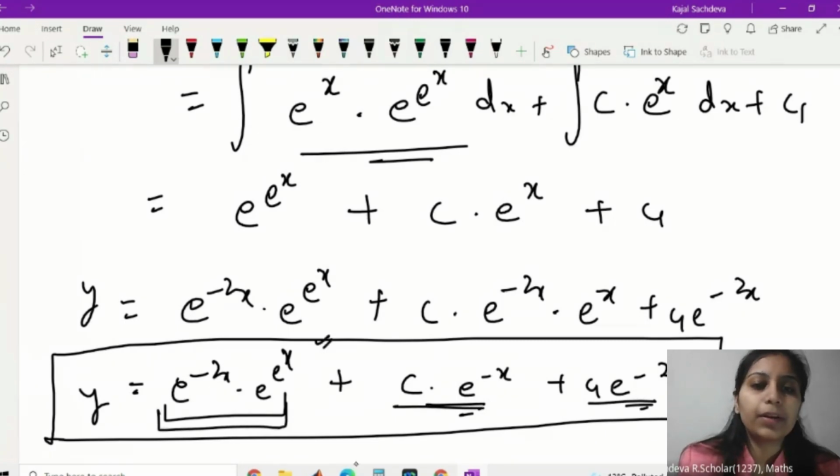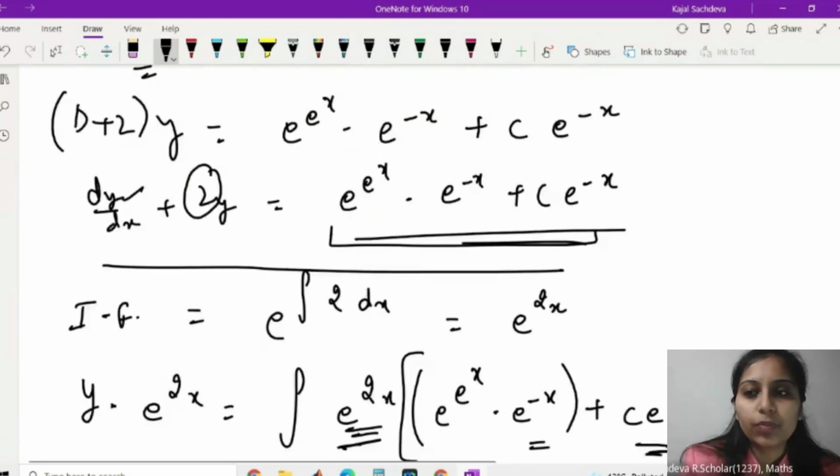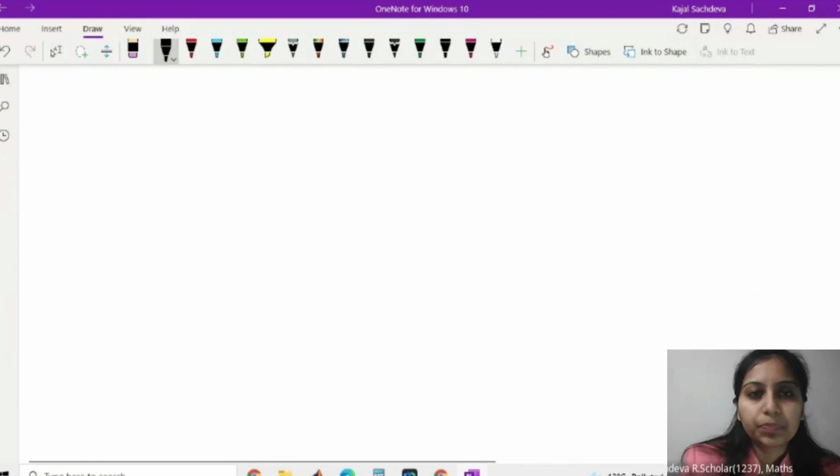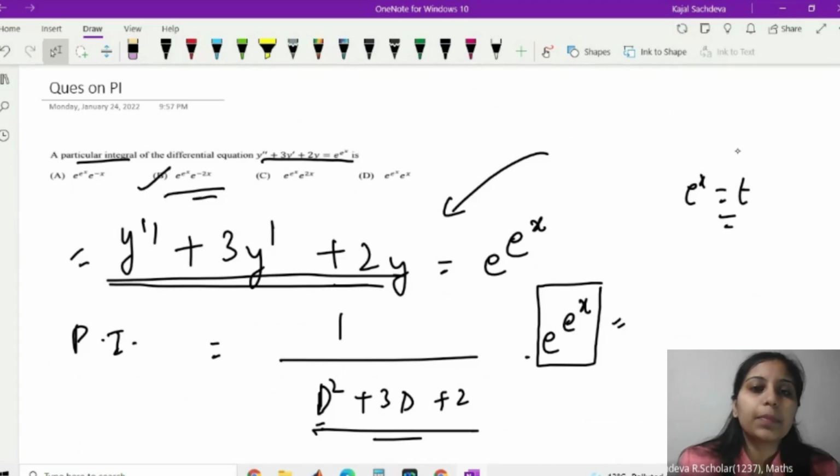This is independent of constant. So this is our PI. Let's check in our answer which option matches. So e raised to power minus 2x, e raised to power e^x is the answer, option B. So this is our answer.